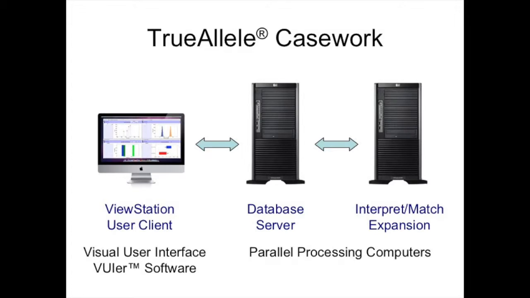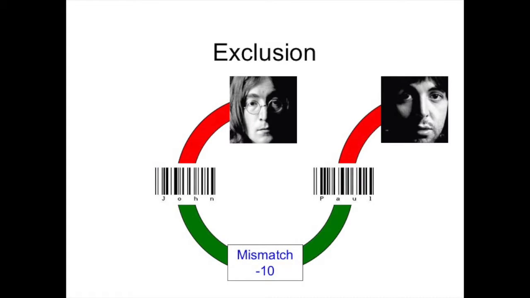Instead of people looking at simple data signals, at the simplest of barcodes, and trying to determine if someone's present or absent from DNA, a computer can look at damaged barcodes, it can look at combinations of barcodes, and pull out those genetic barcodes and extract each barcode from the evidence in order to make comparisons. That's what TrueAllele does, and I'm going to tell you how you can go beyond what you're used to. So imagine that you want to establish an exclusion.